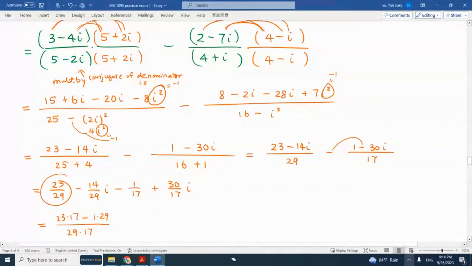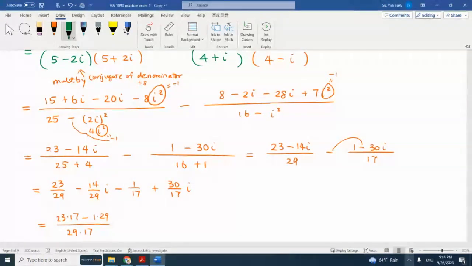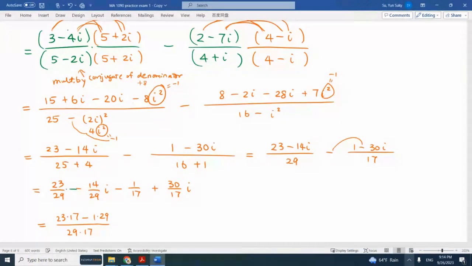Because when we add or subtract fractions, you have to get a common denominator. The common denominator is 29 times 17. That's why this guy you multiply by 17, and this guy you multiply by 29. So your numerator is now 23 times 17 minus 1 times 29. Is that okay, everybody?